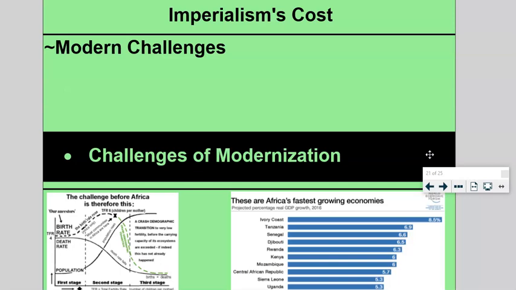For years all of their economic resources were taken, all of their money was taken, they were held back politically. So some nations have enjoyed some modernization and wealth, but the majority of African countries are struggling, right? With poverty, with educational problems, with political problems, with economic problems, because they've been held back so much, right?